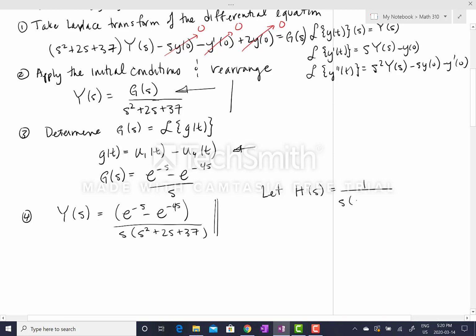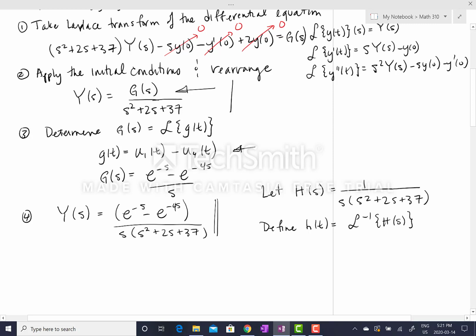It looks like this: s squared plus 2s plus 37. Let us see if we can find the inverse Laplace transform of that. I'll just define that to be little h of t, the inverse Laplace transform of capital H of s.